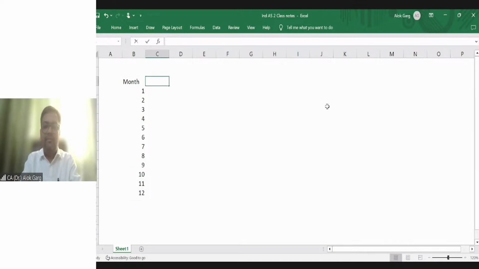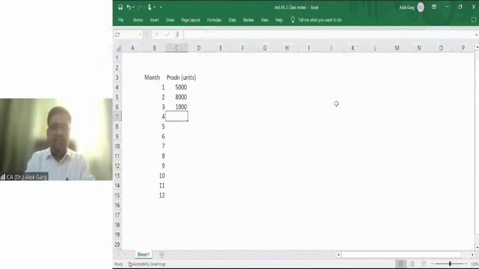Production units: 10,000, 8,000, 1,000, 3,000, 7,000, 9,000, 6,000, 4,000, 10,000. Again, let's say 5, 8, and 1.